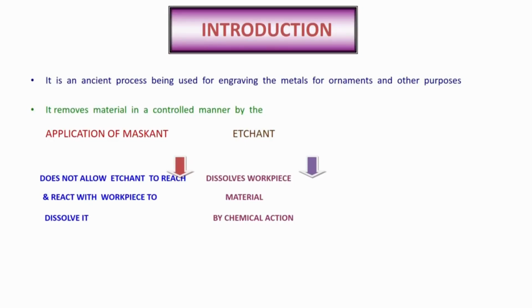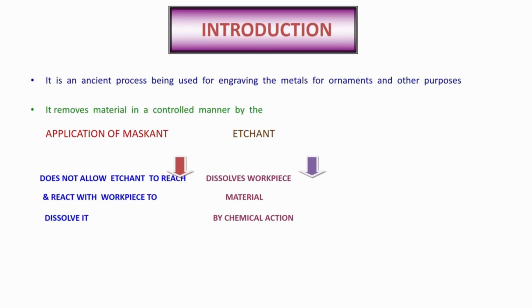So it is a very ancient, well-known process. It has been used for long years for engraving metals, for ornaments and other purposes. It removes the material in a controlled manner by the application of a maskant.